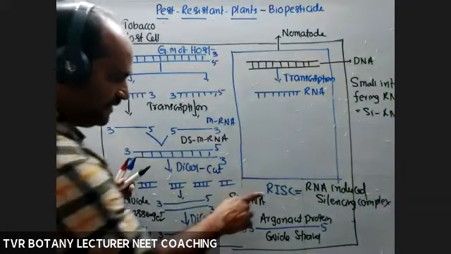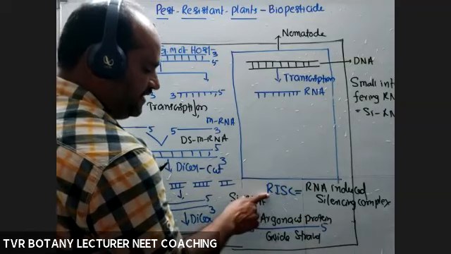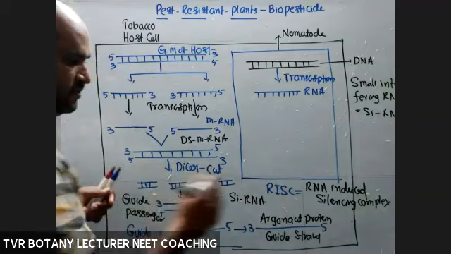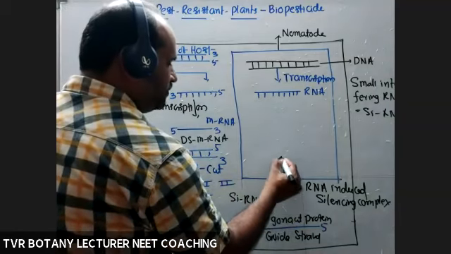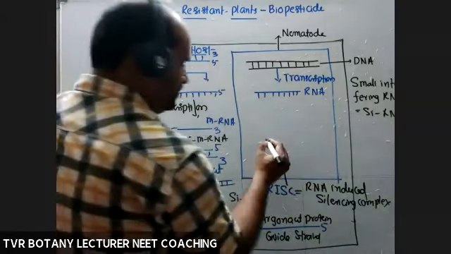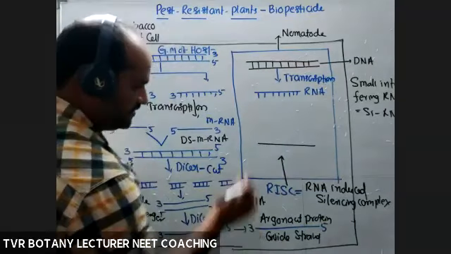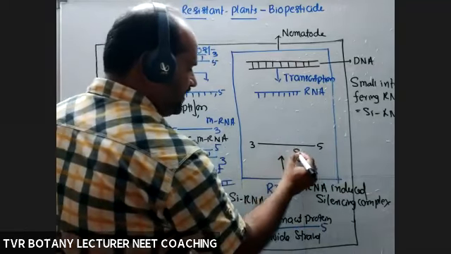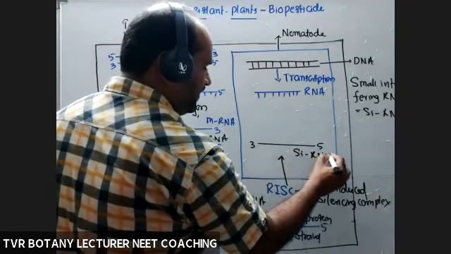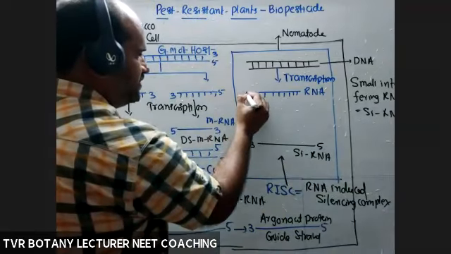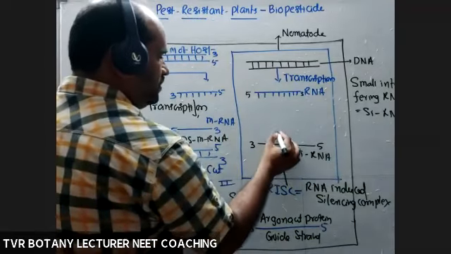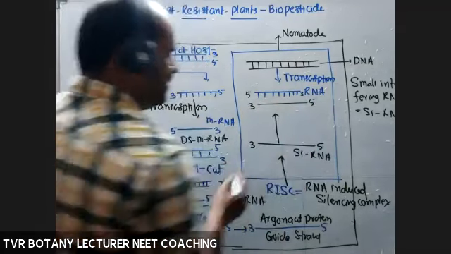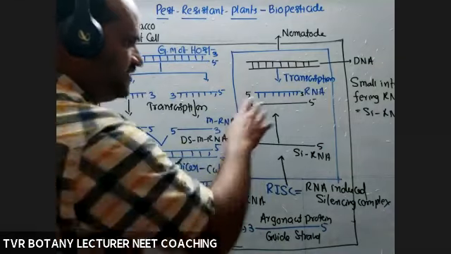What is RISC? RISC means RNA induced silencing complex. So now RISC entered into the nematode. The single-stranded RNA, that is the siRNA, for example this one is 5 to 3, hybridized with 3 to 5, either completely or to some extent.